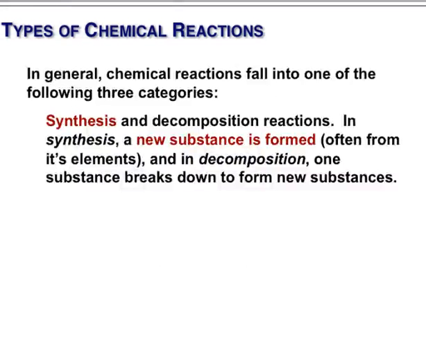All right, types of chemical reactions. We are going to take chemical reactions and just divide them into groups. The reason for dividing them up at all is if you have an idea of what type of reaction you're dealing with, it helps you in guessing the types of products you're going to get, predicting products.